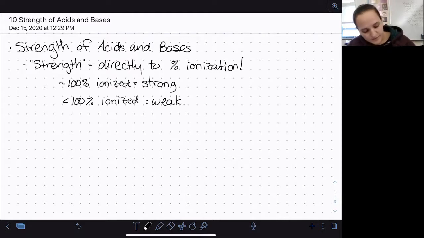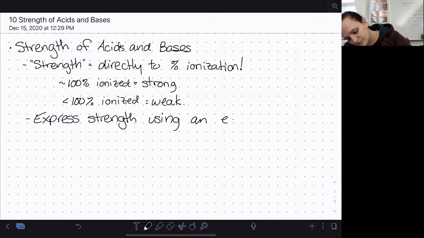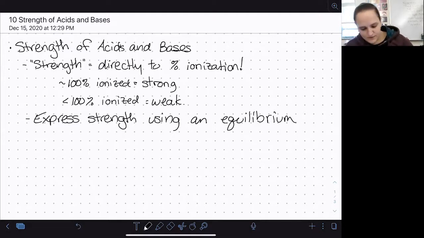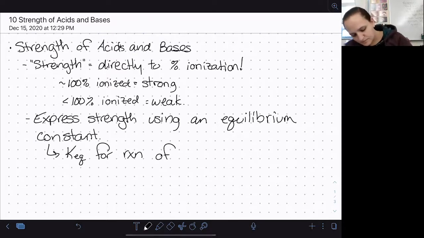So we express this idea of strength using an equilibrium constant, most commonly. So we specifically use the equilibrium constant for the reaction of the acid or base with water.